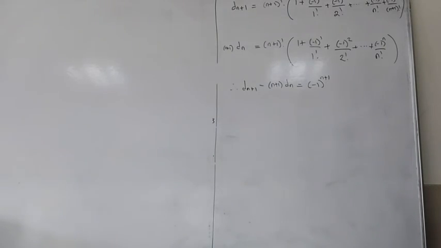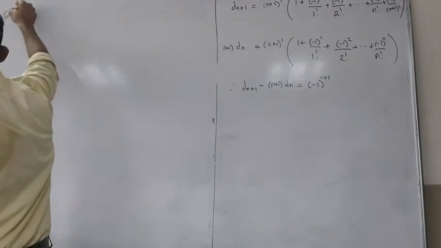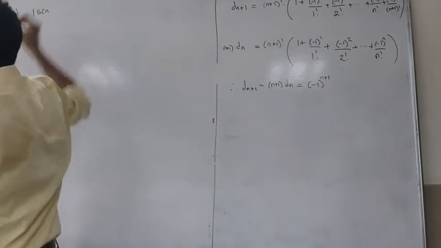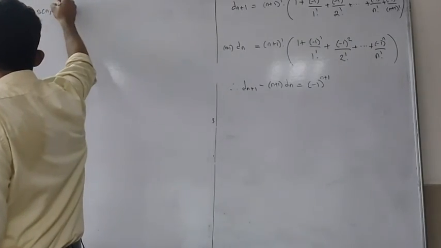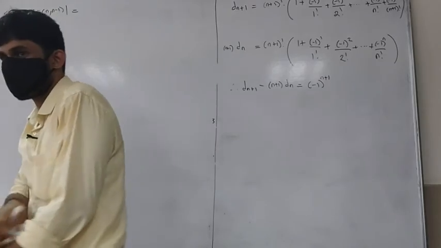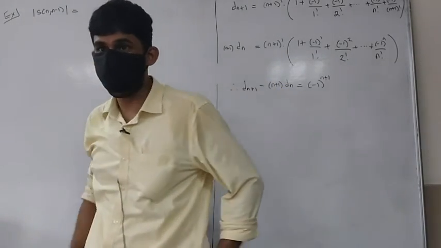Can you give me a formula for the unsigned S(n, n minus 1)? I think we have done this. What is this defined as?